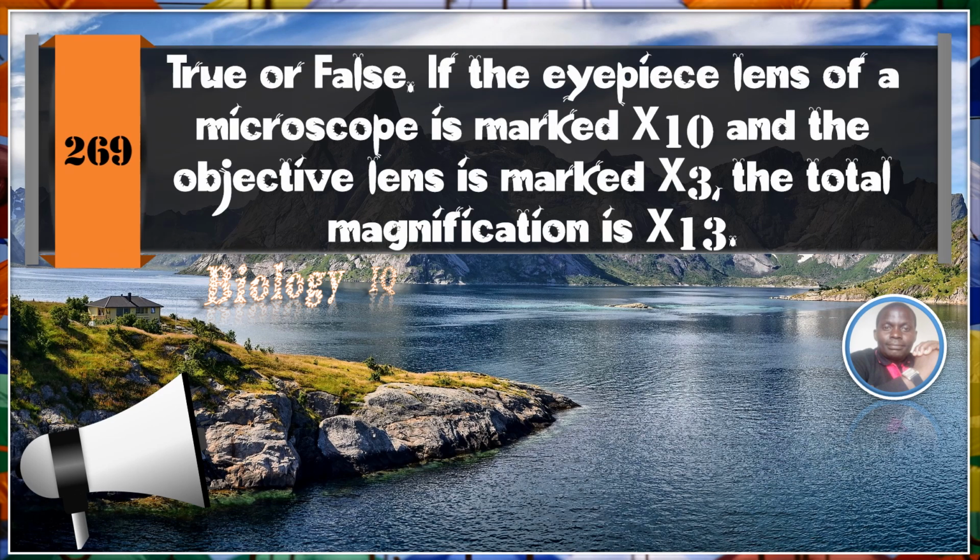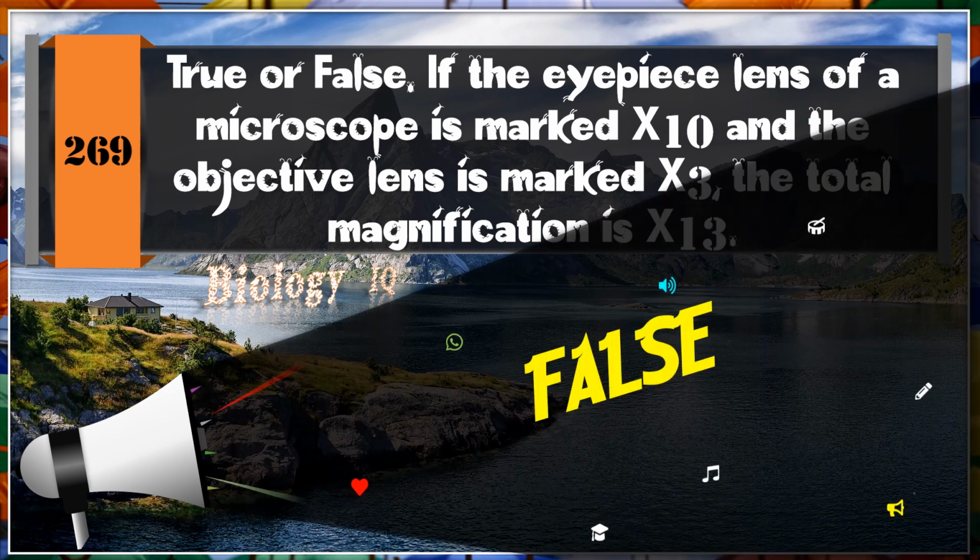True or false? If the eyepiece lens of a microscope is marked 10 and the objective lens is marked 3, the total magnification is 13. False.